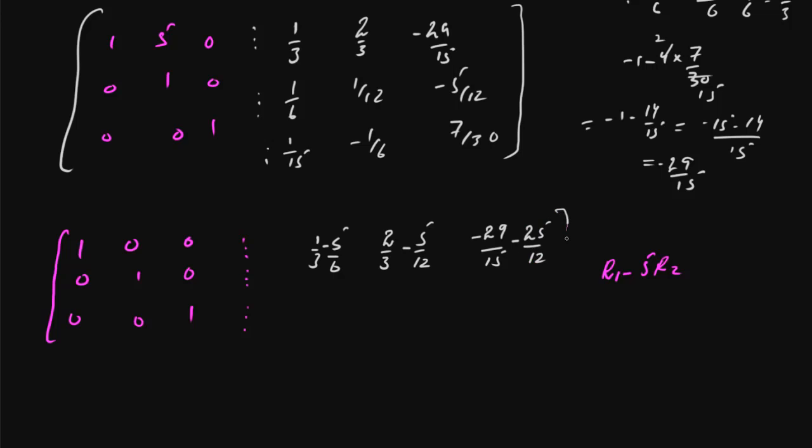Okay, and next we have 1 over 6, 1 over 12, and minus 5 over 12, and we have 1 over 15 minus 1 over 6 and 7 over 30.